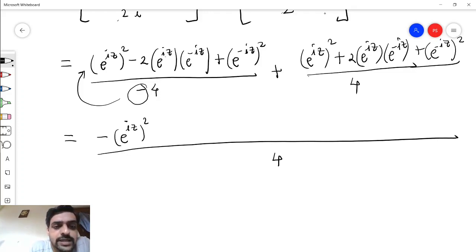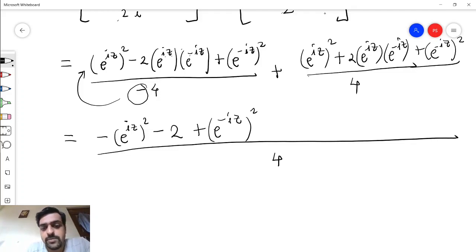Here iz minus iz becomes 0 and e raised to 0 is 1, so this will give us 2 plus e raised to minus iz squared.